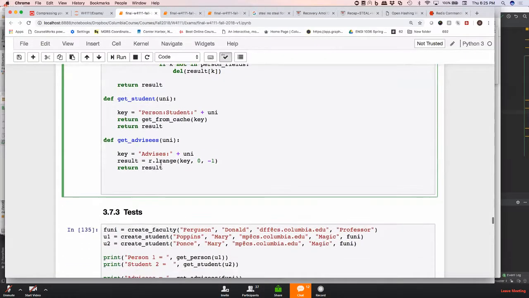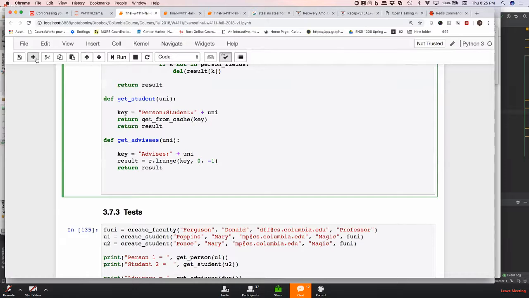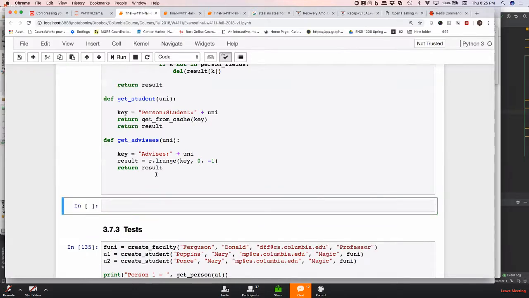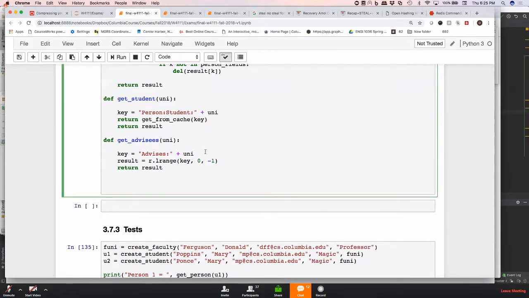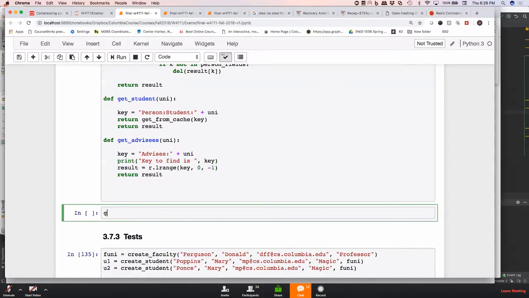Get advisees. So I'll run this. Basically, if I just add a cell here, and I go here and I do get advisees of FEP01.